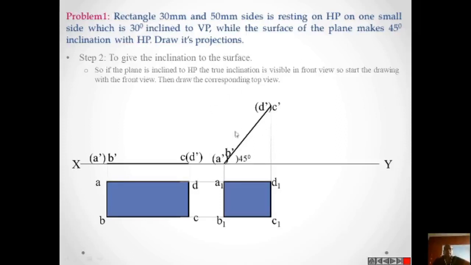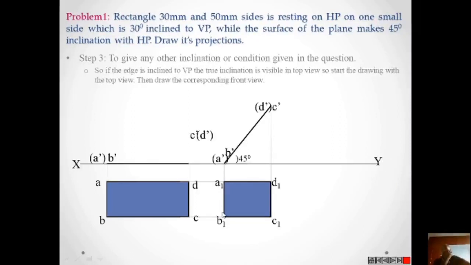What we have done here: first we kept it parallel to HP and then we have given inclination with HP. So what is the remaining thing? The remaining thing is the side A1 B1 is inclined to VP. Now what is the third step? We have to give that inclination.